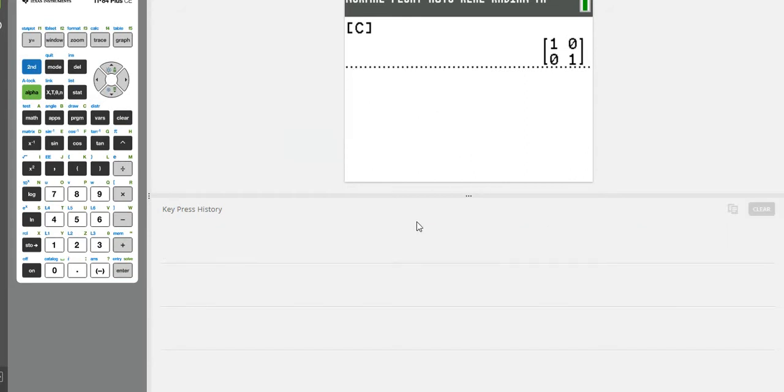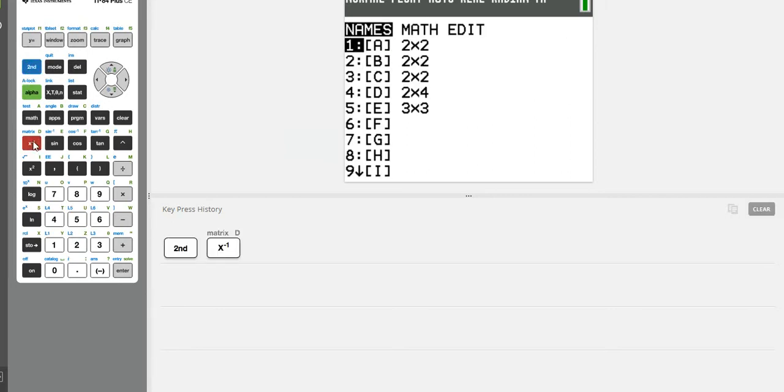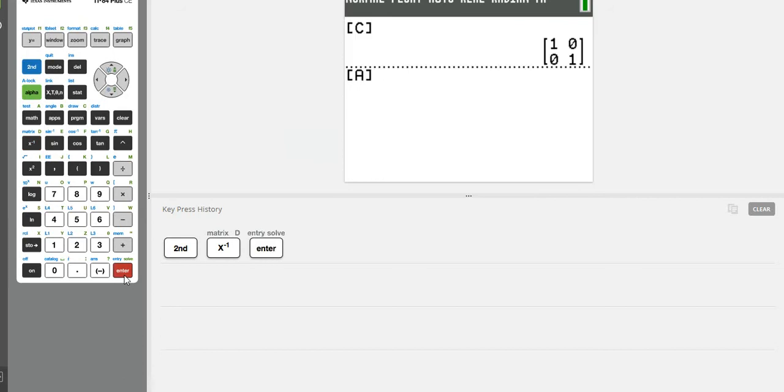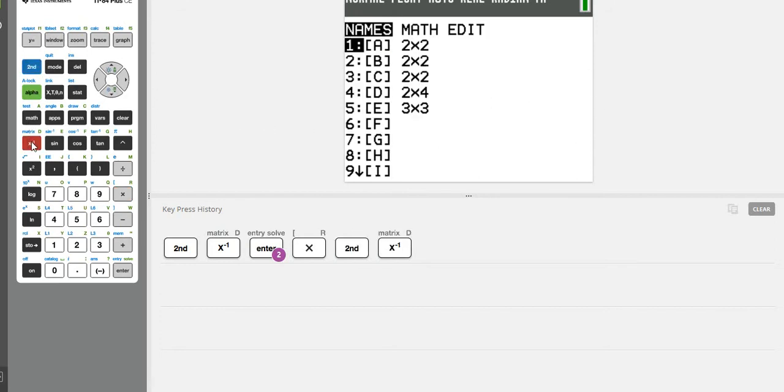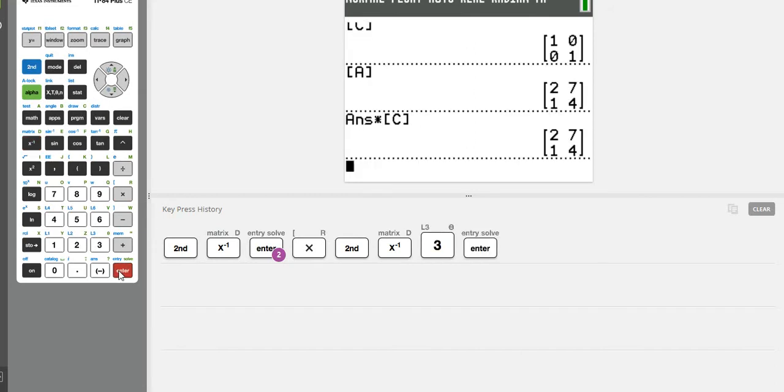Let's take a look at what happens if I multiply matrix A by C. Second matrix, enter, that's matrix A. And I'll hit the times key and it'll multiply my previous answer by matrix C, the third one down. Oh, and I get the same thing back.